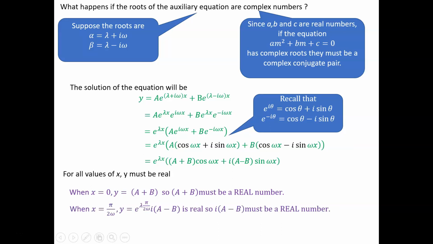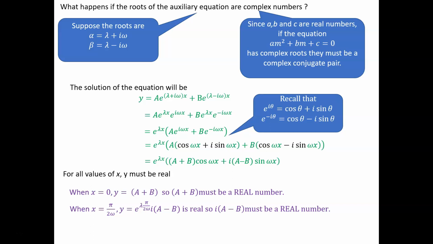Now, if we put x equals pi divided by 2 omega, then cos omega x is going to be 0, and sine omega x is going to be 1. Which means that y is going to be e to the lambda pi over 2 omega, lots of i times (A minus B). Well, e to the lambda pi over 2 omega is certainly a real number, so i times (A minus B) must be a real number, since y must be a real number.